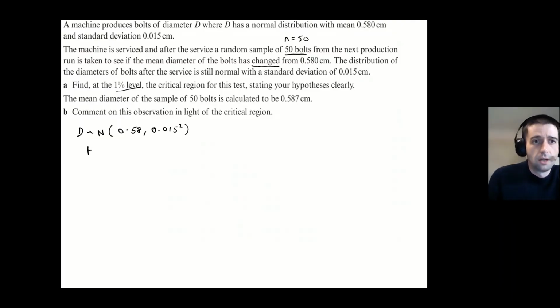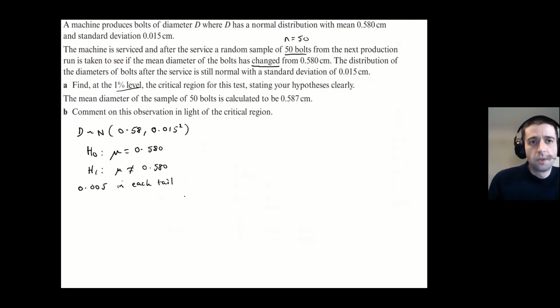So my null hypothesis is that the mean is 0.580 as stated, and my alternative hypothesis is that the mean is not 0.580. So it's a two-tailed test at 1%, which means that we're looking for 0.005 in each tail as our probability.